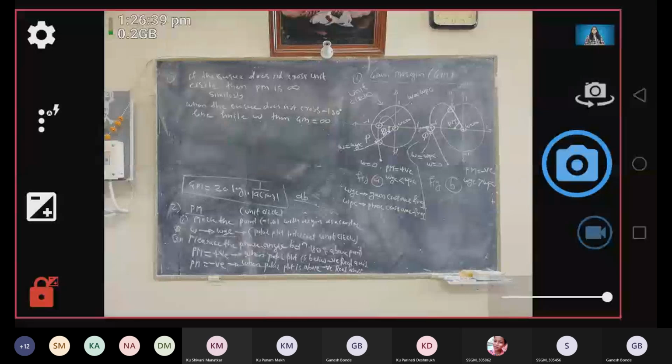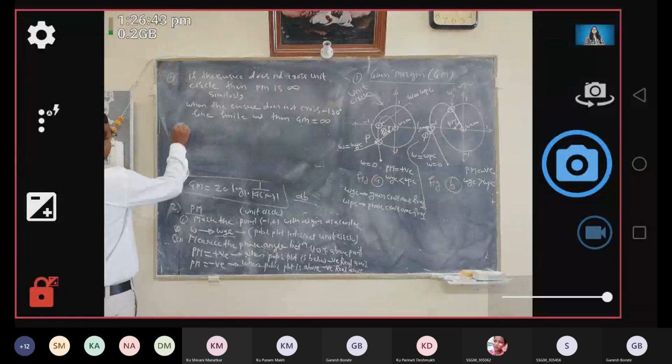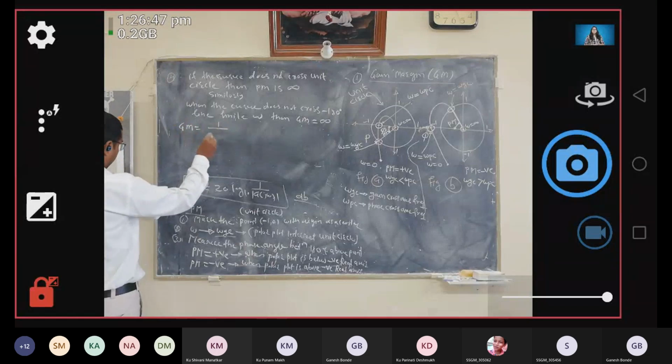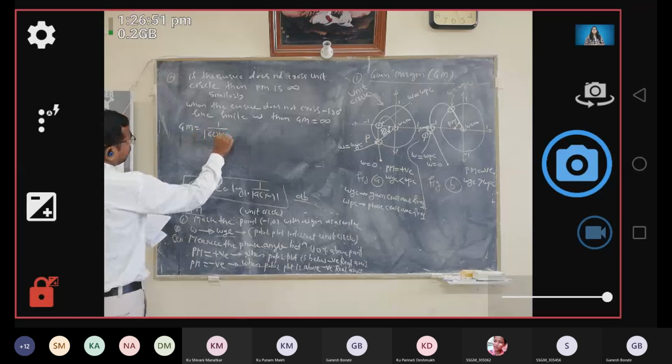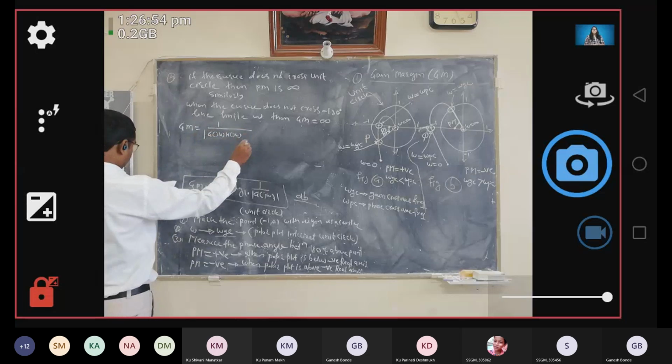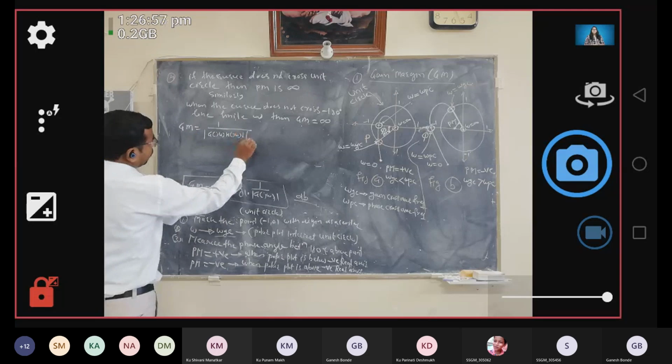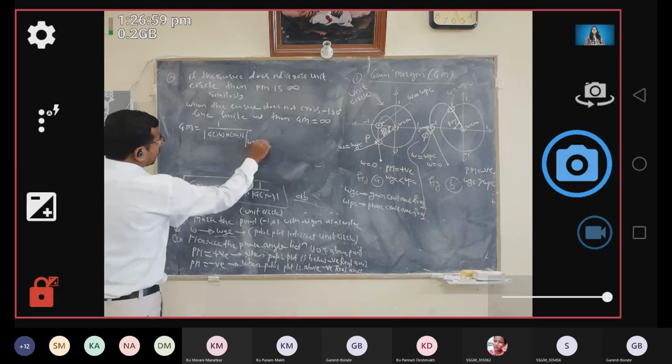Okay. Then write down the last important point. The formula of gain margin is given by 1 upon the absolute value of G of j omega into H of j omega at omega equal to omega PC.